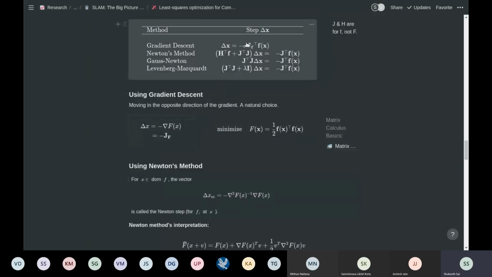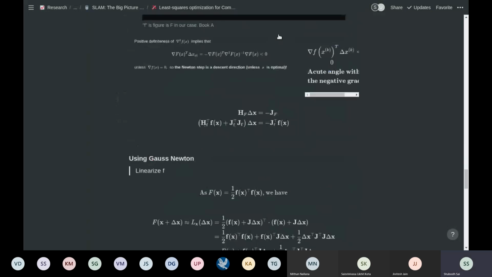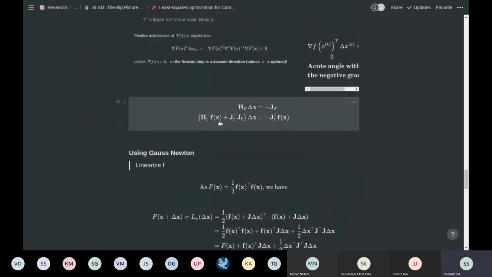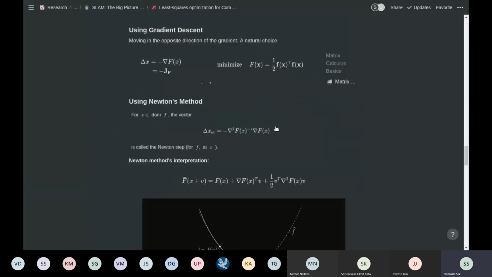But the derivative of this equation is nothing but derivative of Jacobian of capital F, that is nothing but Hessian of capital F. So j transpose j plus Hessian into f of x, that is what we got here. Hessian into f of x plus j transpose j. And Jacobian of capital F is j of f into f of x, that is what we have been looking at here.